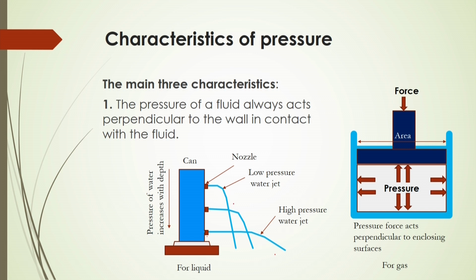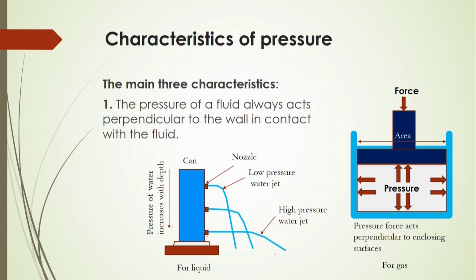The water is coming from the nozzle, that is why you are getting the water as a jet. So, this jet force will be more at the bottom, whereas at the top it will be relatively low. So, it depends on the height of the column of liquid in the container.